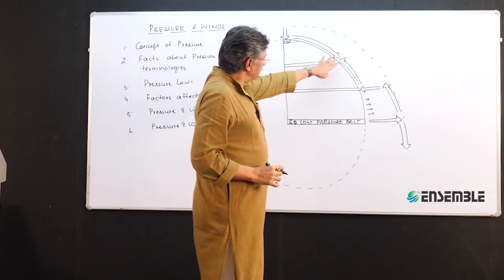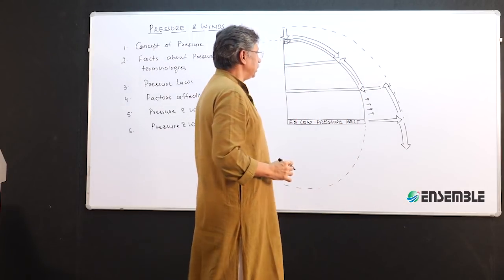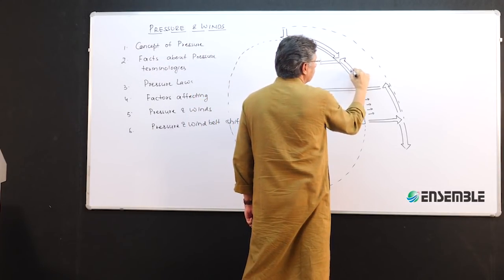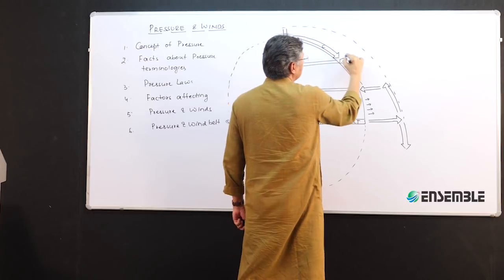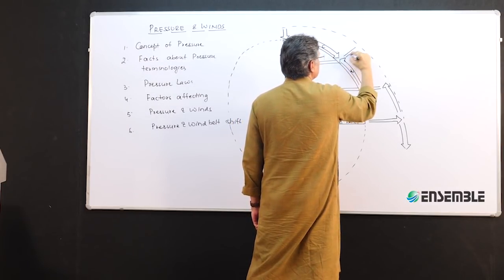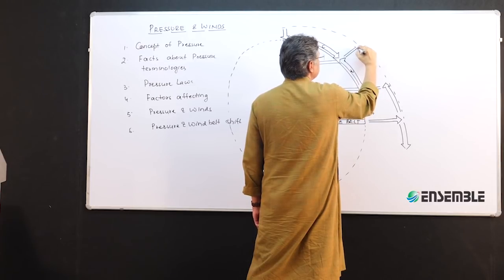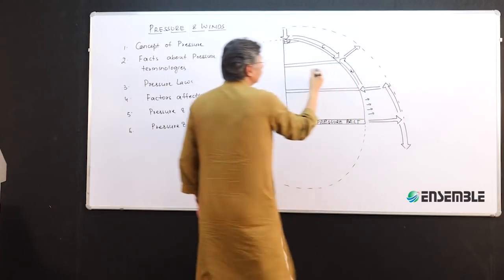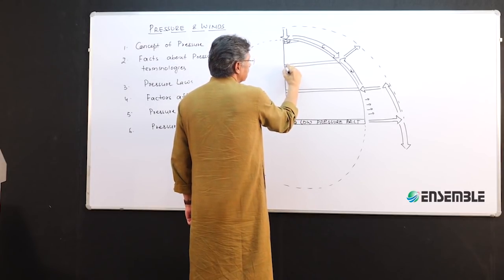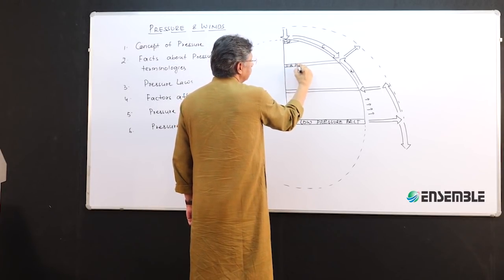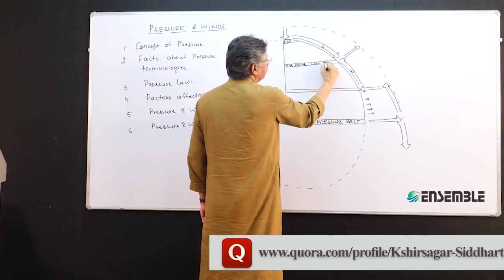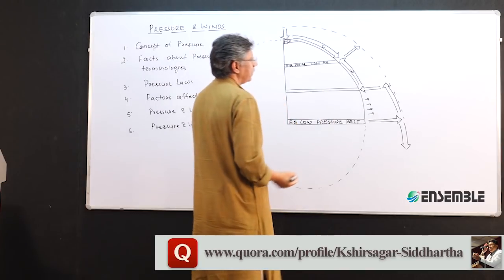Now, when this air goes on to move, both of them will go on to meet. And as both of them meet, this is going to be warmer, this is going to be cooler. The warmer air will go on to rise in this place. So, the place where they are going to rise will lead to the formation of a subpolar low pressure belt.